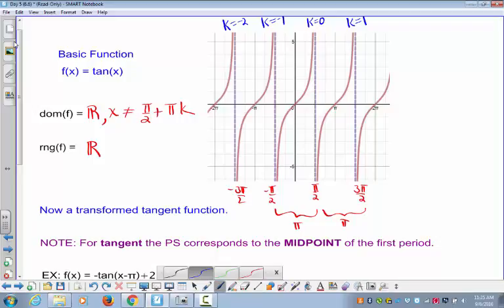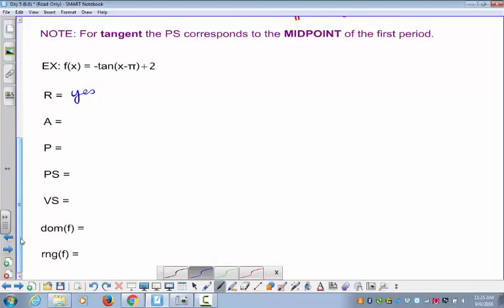No, because this graph goes forever up and forever down, so there is no maximum distance this graph is from the center line for the graph. So when we graph and deal with tangent and cotangent, it's not applicable to talk about amplitude for a tangent or a cotangent.